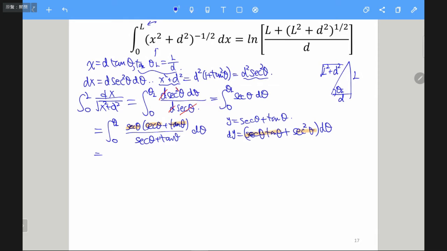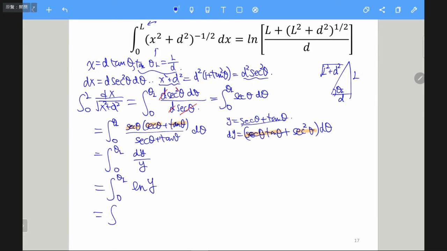So this one is sync to something like dy over y, and it turns out to be the natural log of y, and y is actually this one.